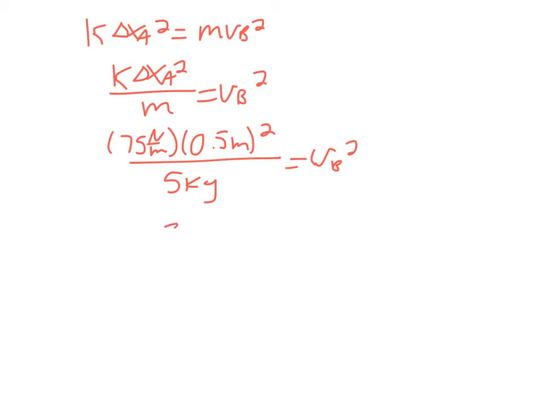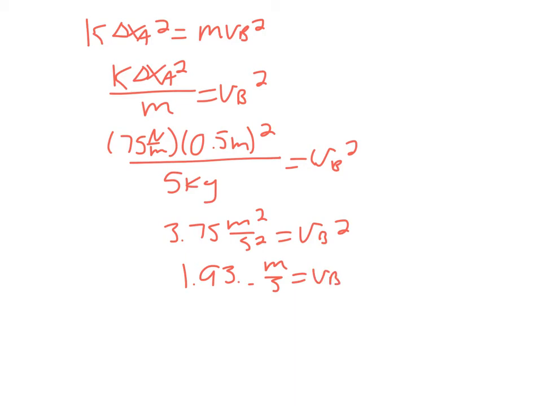So we get 3.75 meters squared per second squared equaling VB squared. Taking the square root of that, 1.93 keeps on going, meters per second equals VB. This is only 2 sig figs, so my speed at B is about equal to 1.9 meters per second.